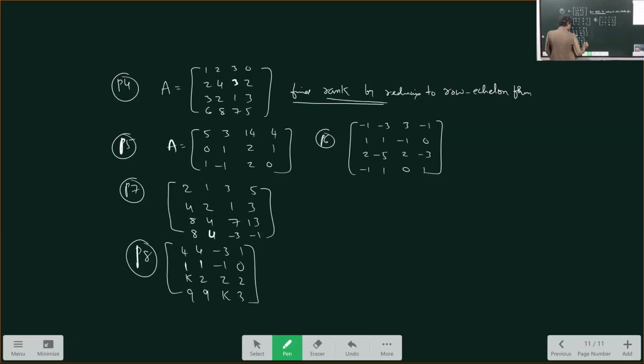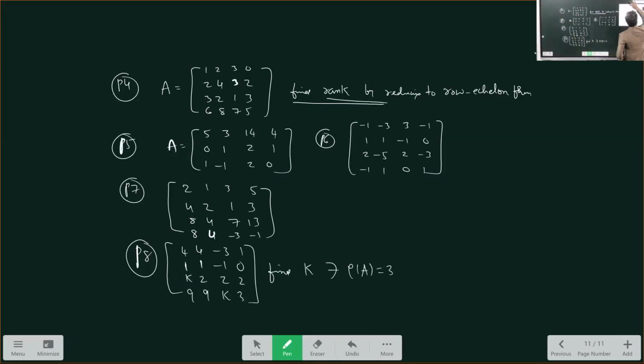Find K such that the rank of A is 3. If the rank is going to be 3, then what is the K value? You just try it.